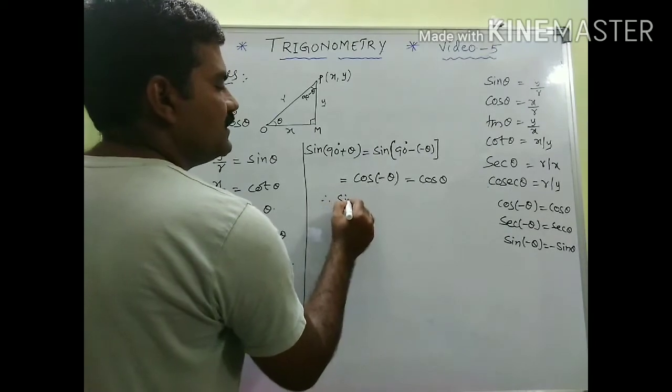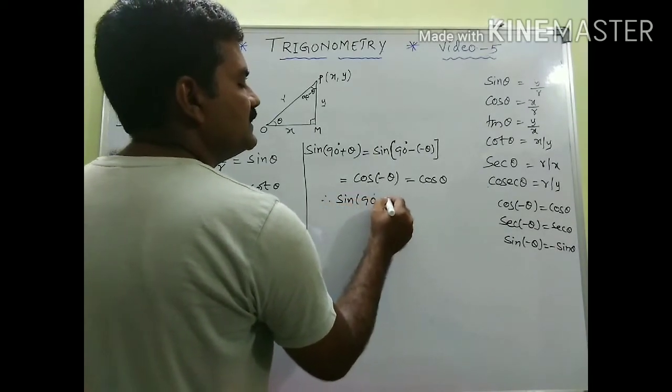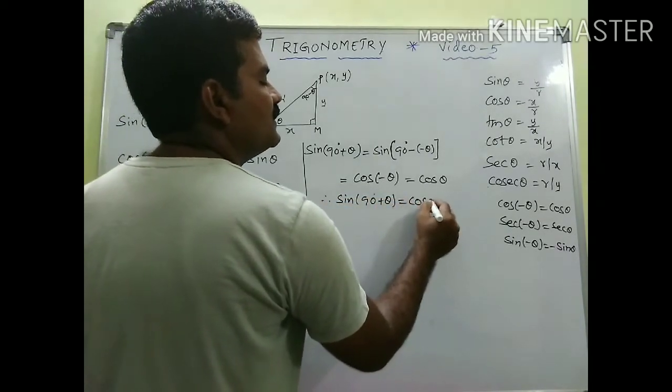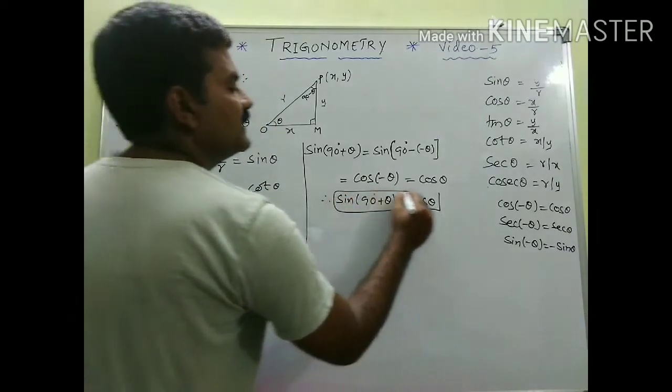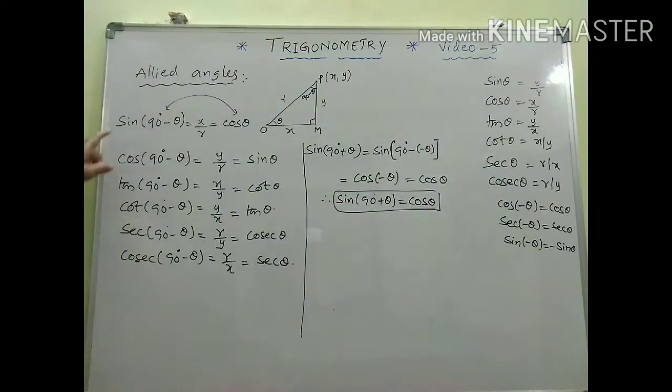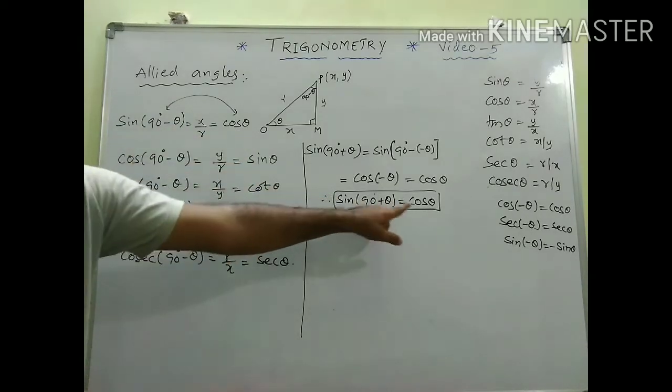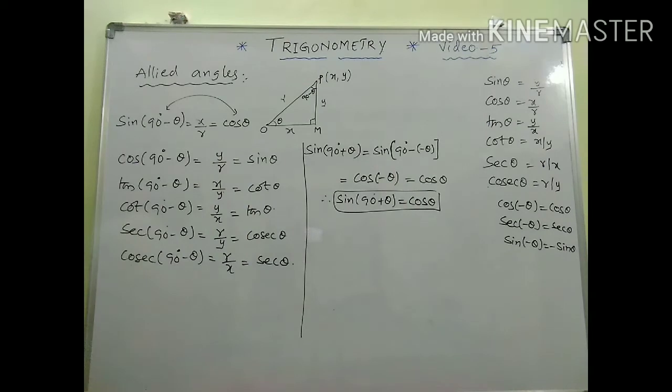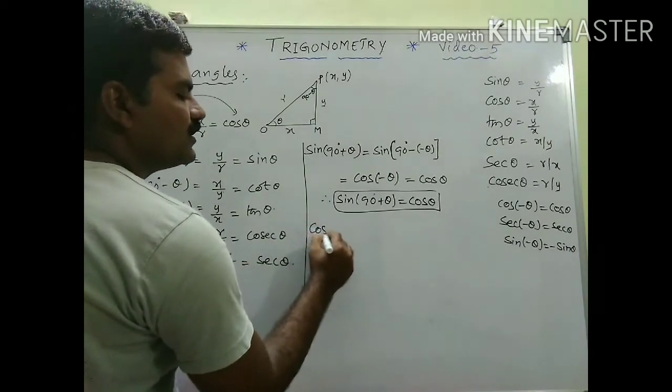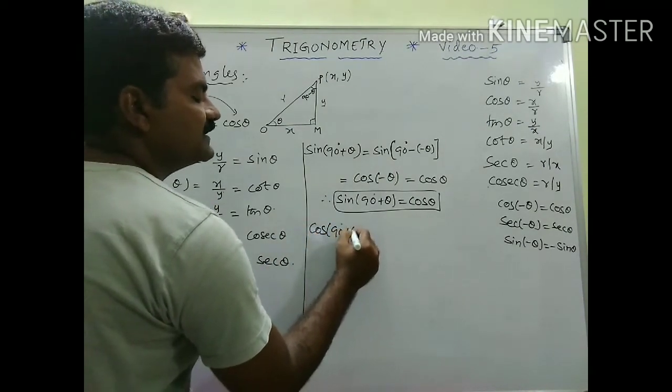Therefore, sine of 90 plus theta is equal to what we got? Cos theta. See, sine of 90 minus theta is cos theta and sine of 90 plus theta is also cos theta.